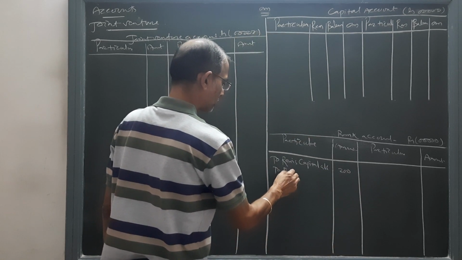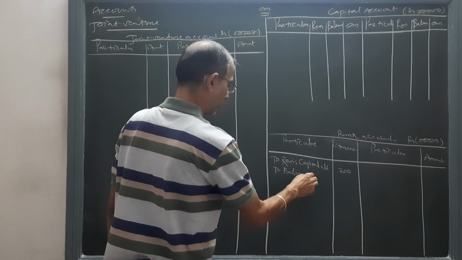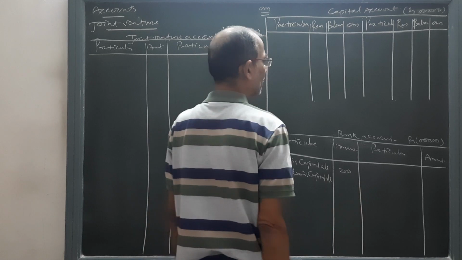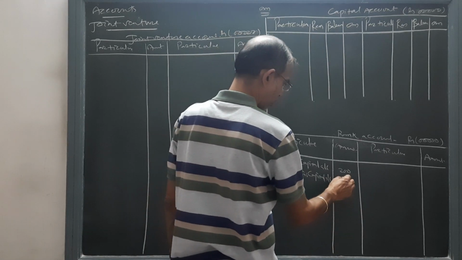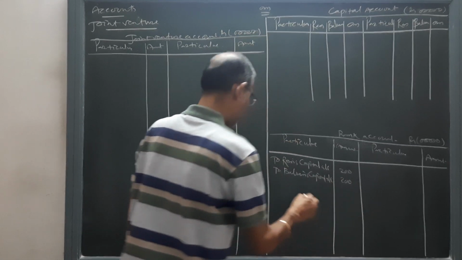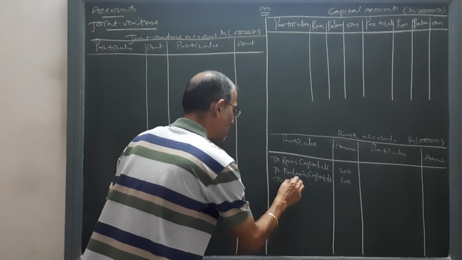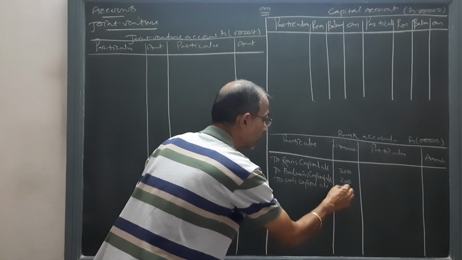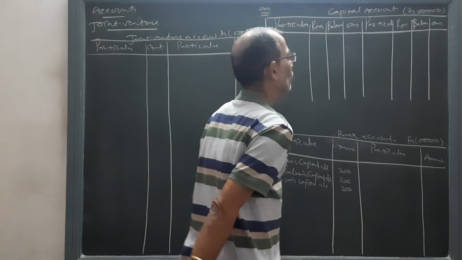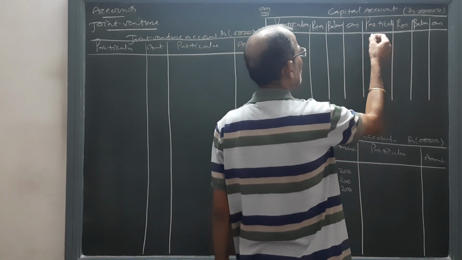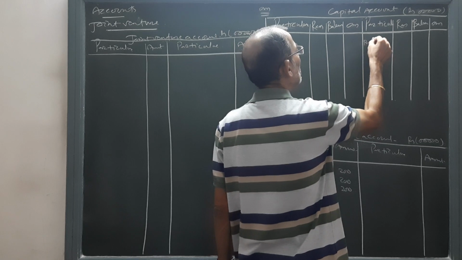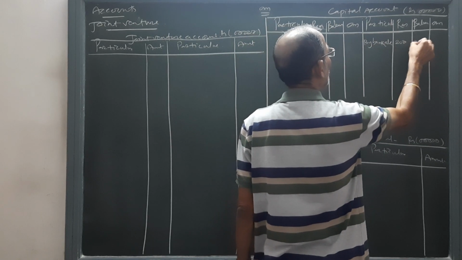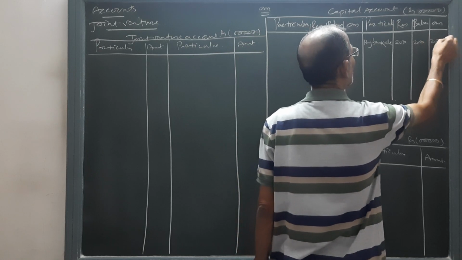To Balram's capital account 2 crore, to Om's capital account 2 crore. Now on the credit side of the capital account, by bank account 2 crore, 2 crore, 2 crore.